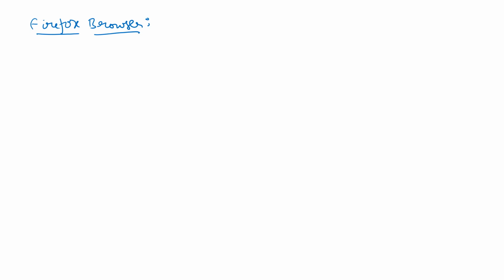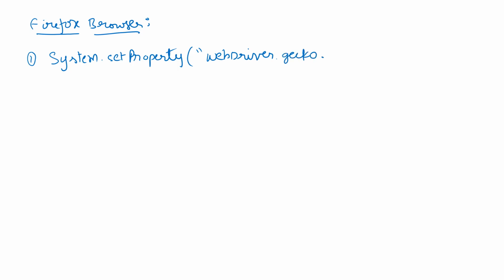When we created the script for Firefox browser, we did two things. One is, first we set the system property using system object, which is System.setProperty, and we used webdriver.gecko.driver, and we set this one to the path where we have saved geckodriver.exe file.